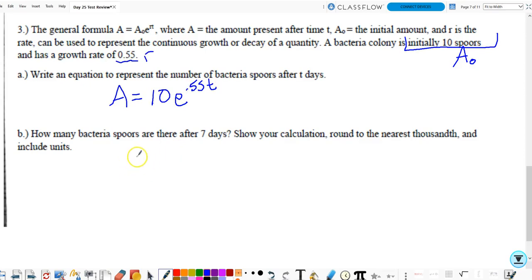Okay, how many bacteria are there after 7 days? So that's when t is 7. Show your calculation and round to the nearest thousandth, that's 3 places after the decimal. We need our calculator.